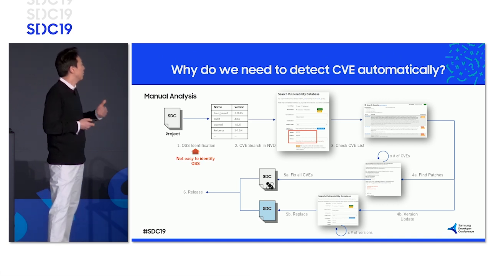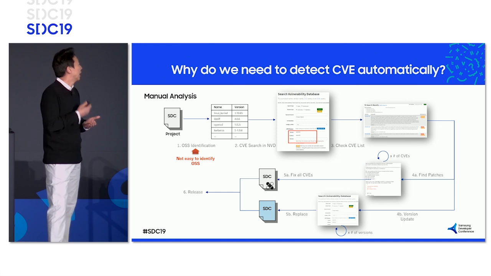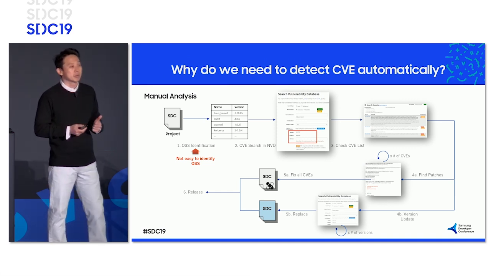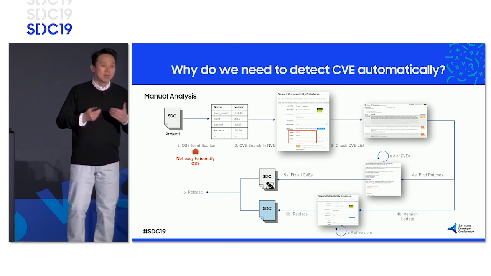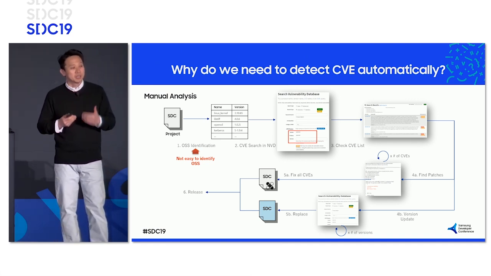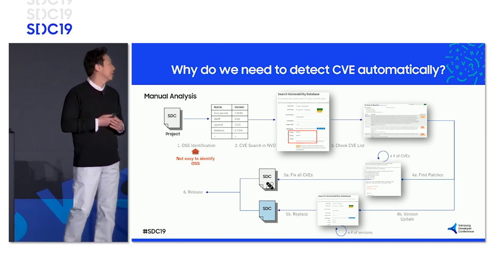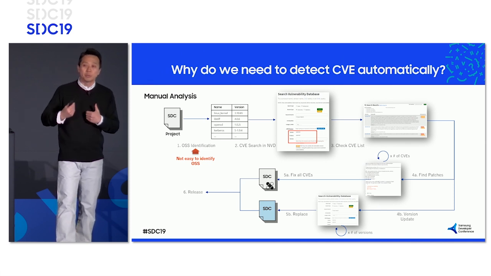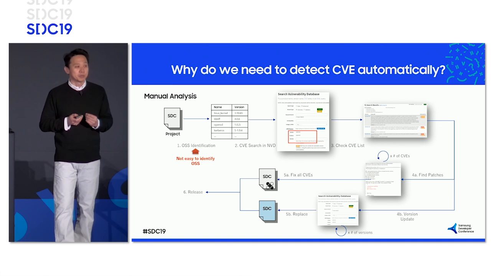First, when we summarize the open source identification, it is not easy to identify all of the open source. Some developers know which open source they are using, but some are a little bit confused or make some mistakes. Even though they know which open source they are using, sometimes they don't know the exact version.